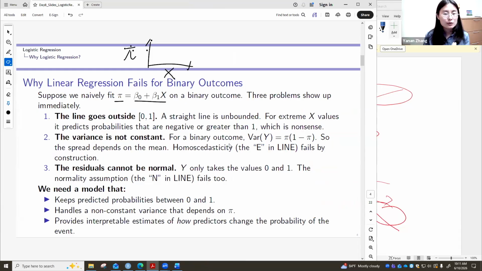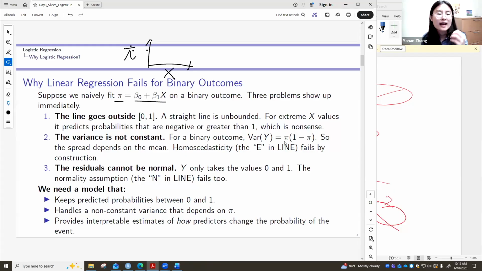Because for a binary outcome, we know the variance equals the probability of success times 1 minus the probability of success, that is, the probability of failure. So this variance is not a constant number; it varies for different values of pi.